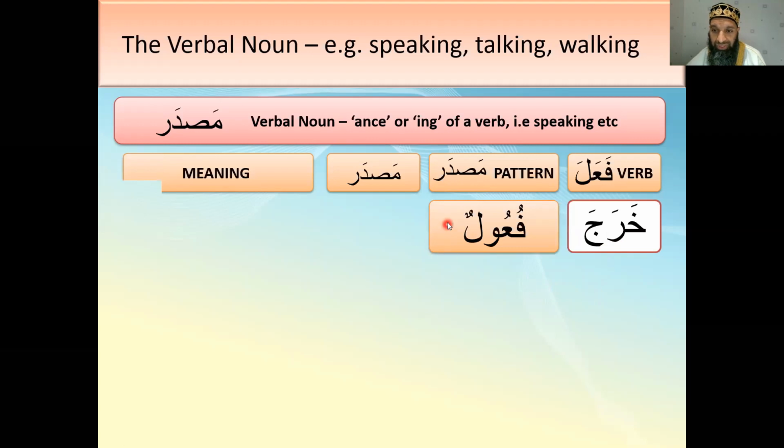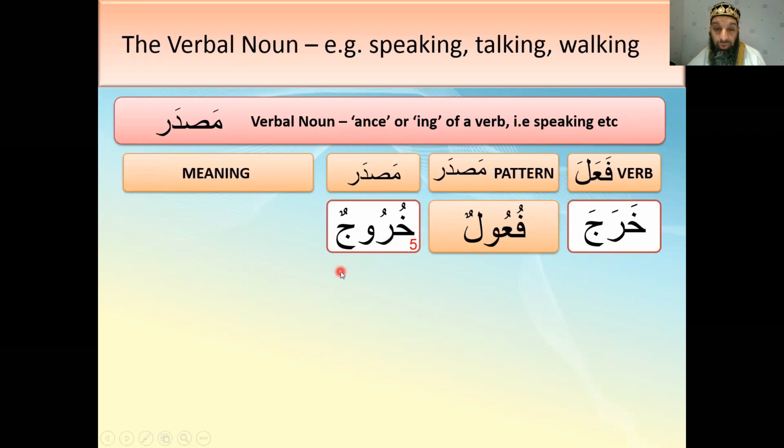Kharaja. So this is a masdar pattern. Fu'ulun. Put kharaja, which corresponds to fa'ala, it becomes fu'ulun. So what does kharaja become? You get the kha, good. Khu, you get the ra for the ain, khuru, and the waw appears, and the jim, it's a double dhamma, khurujun.